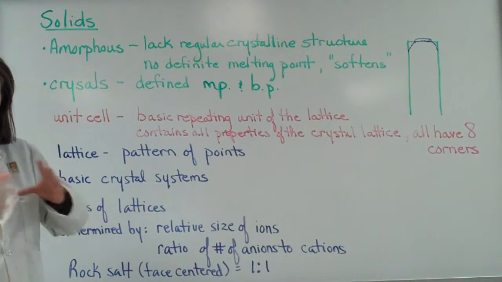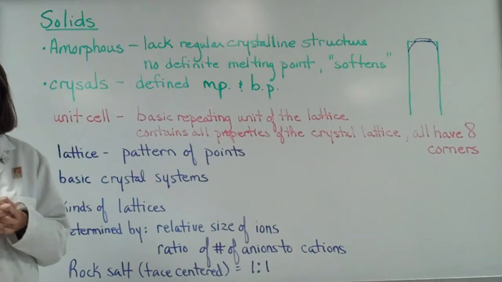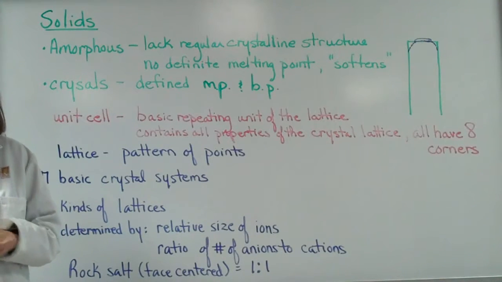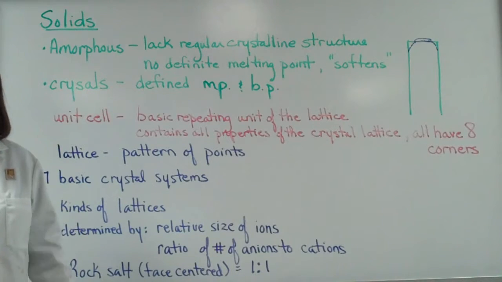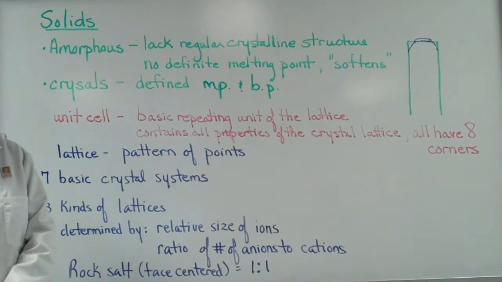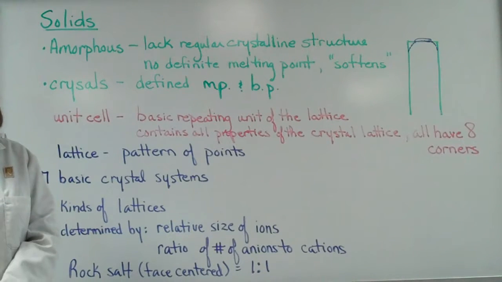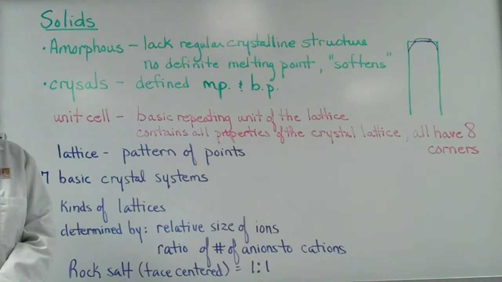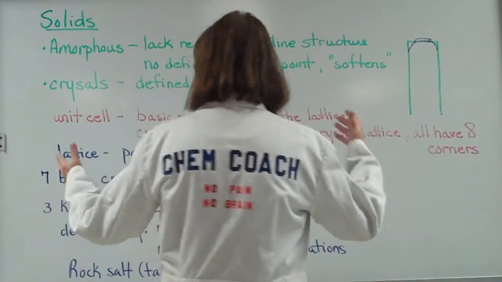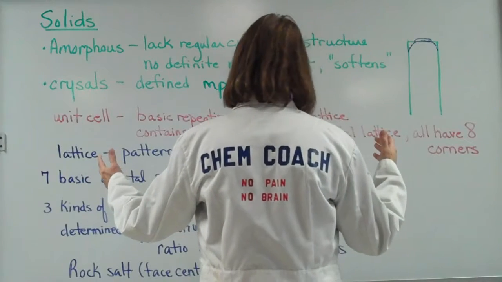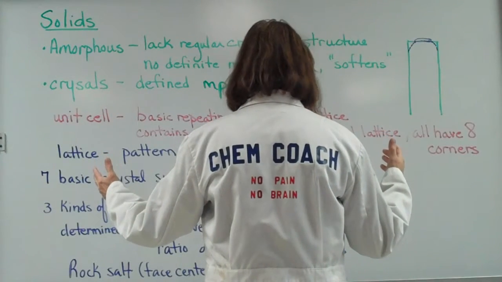And that's what allows it, the size of the atoms and the ratio of the positive to negative ions allows it to form this type of crystal. If you had calcium chloride, it could not be the same unit cell. It would have to be different. So, this gives us some idea of what we're looking at when we talk about crystal structure.